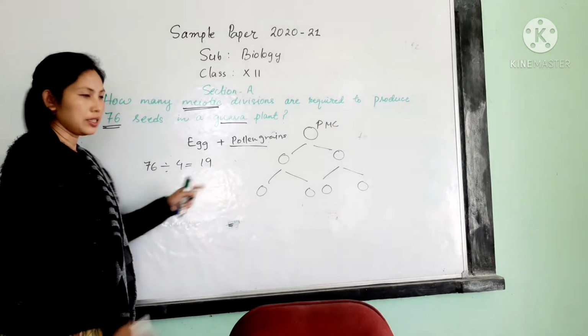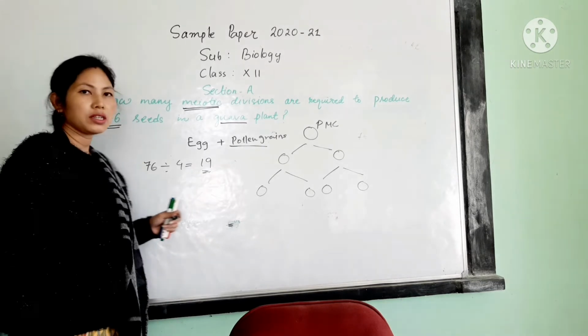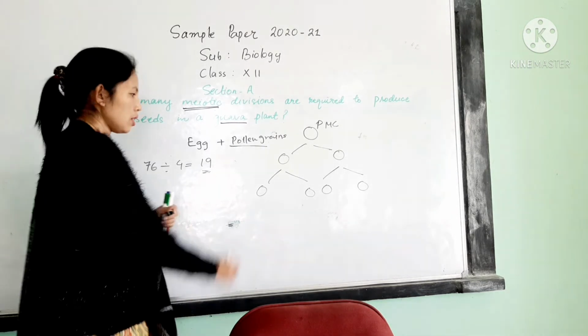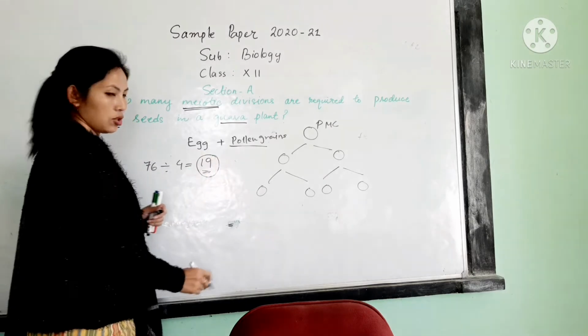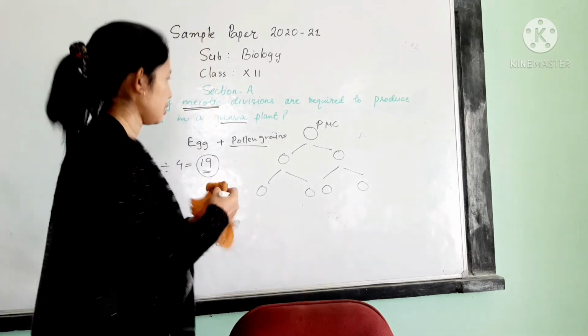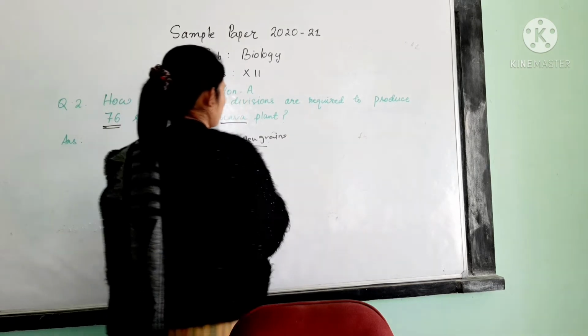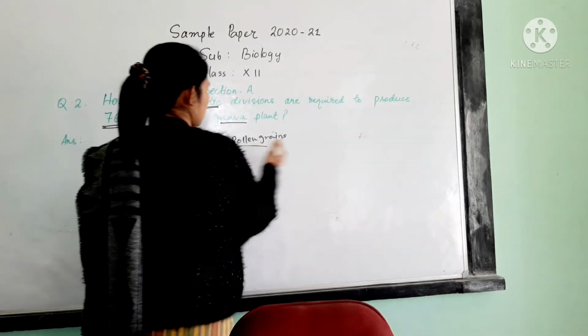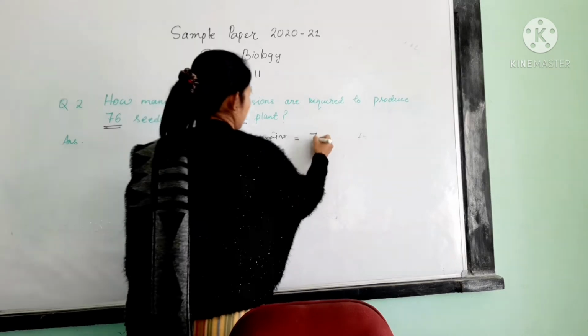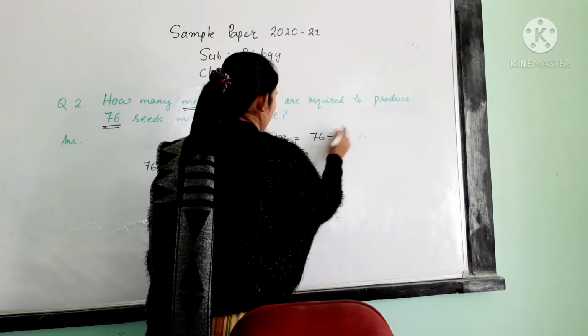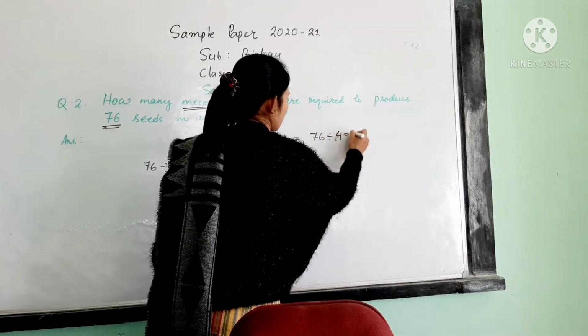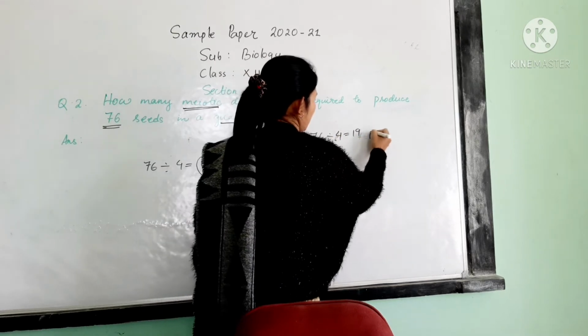It means a total of 19 male gametes will be required. So you can write here the total number of pollen grains obtained: total pollen grains is equal to 76 divided by 4, which is equal to 19 pollen grains.